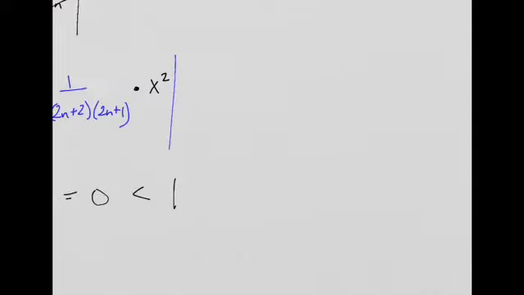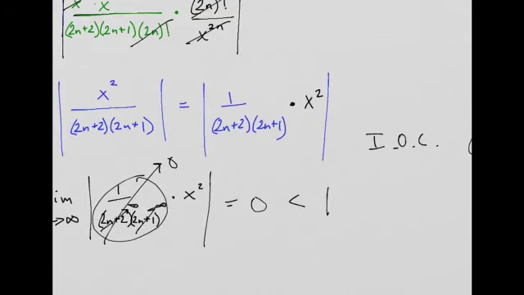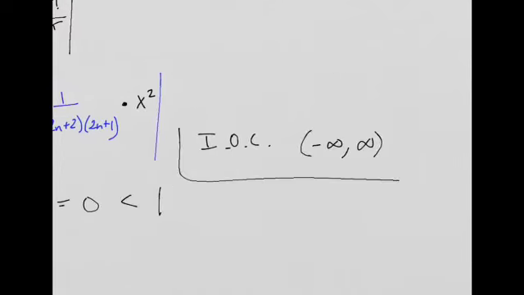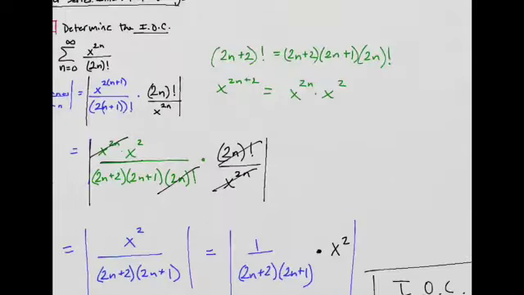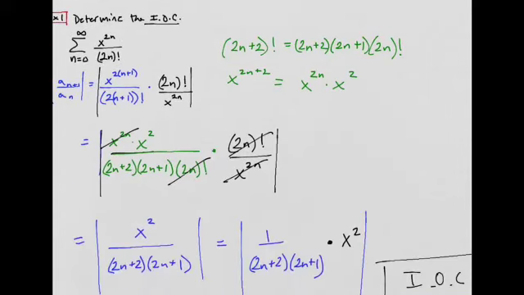So what we can say here is the interval of convergence is negative infinity all the way to infinity, because the limit, no matter what x value you have, is always going to be less than 1 because the limit went to 0. So that's the interval of convergence. That means this one's the most powerful outcome because you can actually plug in anything you want there, and this will always converge. So that's kind of nice.